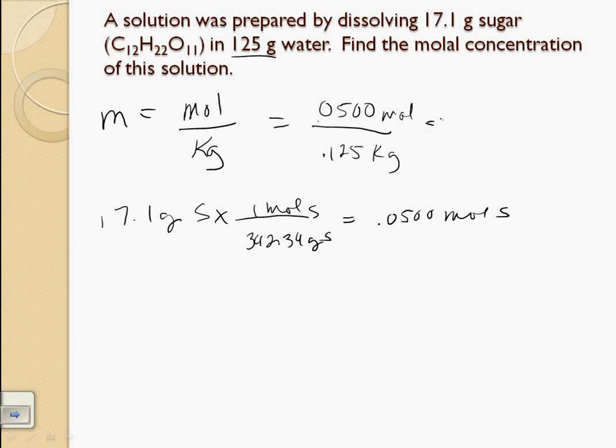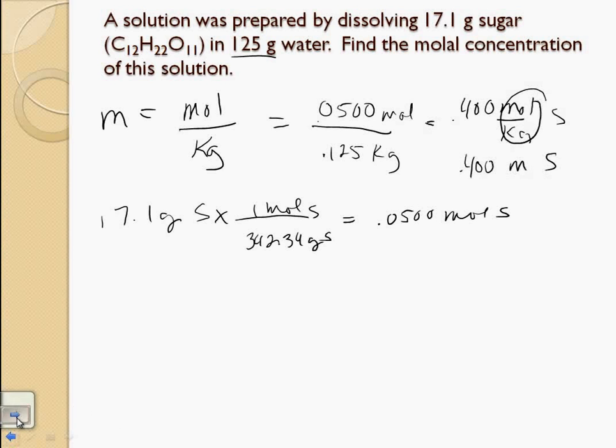If I divide those, I get 0.400 moles per kilogram of sugar. But moles per kilogram I can abbreviate as molal, 0.400 m of sugar. So that's 0.400 molal sugar.